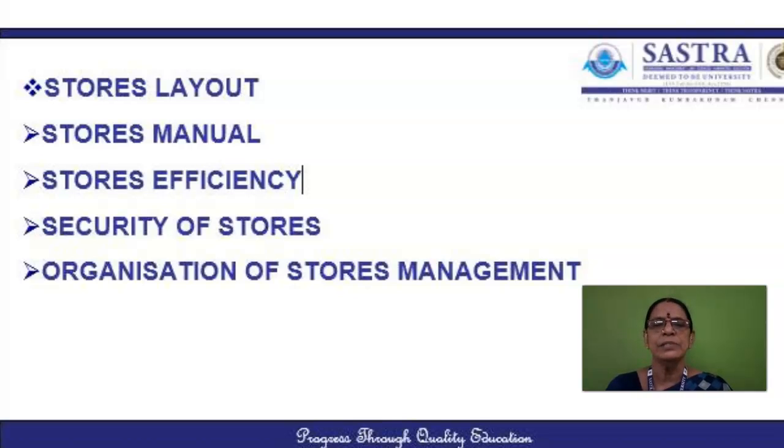Sometimes, a central store is maintained for major and common materials to be used by various operating units, and small individual stores are attached with each operating unit for items specially required by that particular unit.